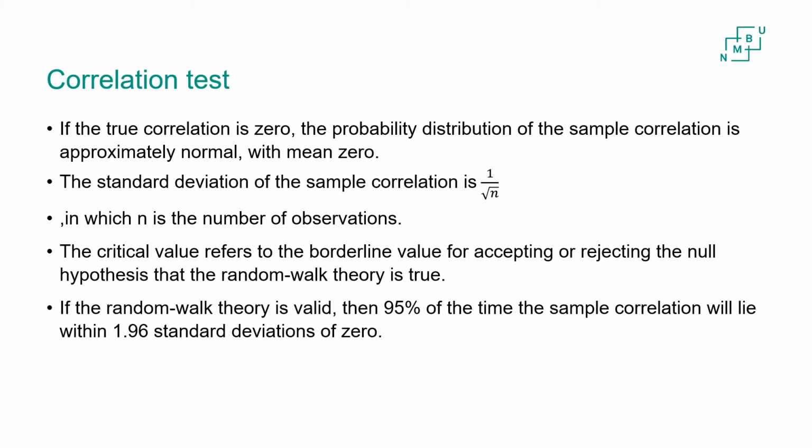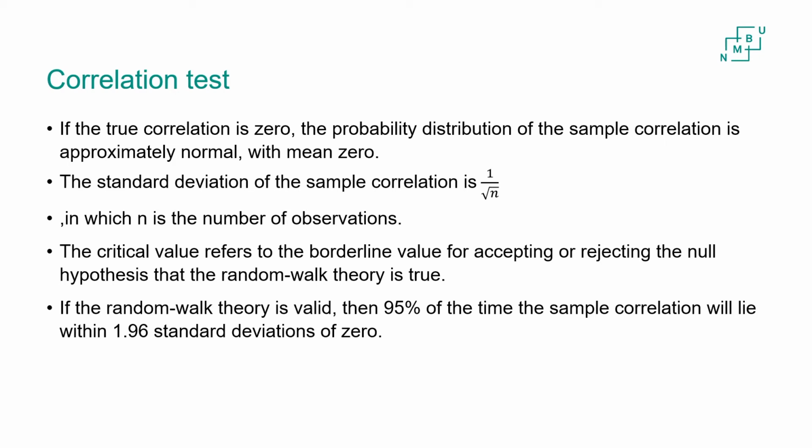If you take 0 plus 1.96 times the standard deviation, that would be the high end of the confidence interval, and 0 minus 1.96 times the standard deviation would be the lower bound.